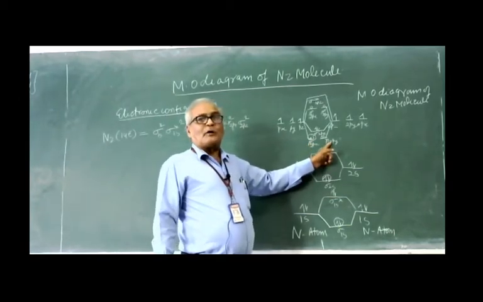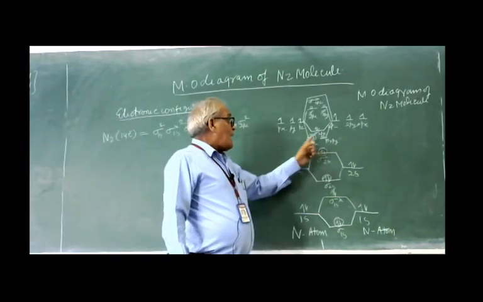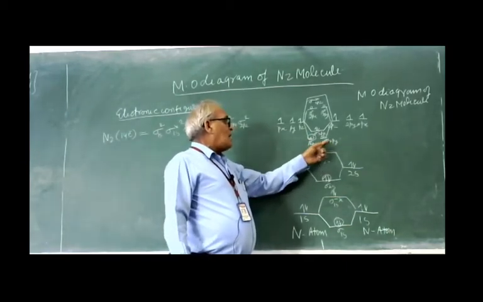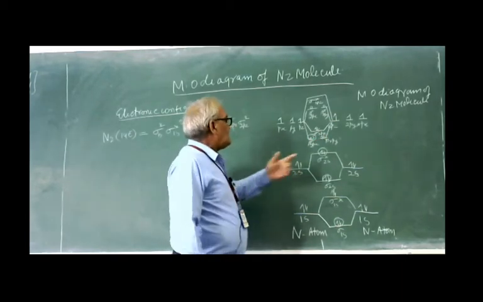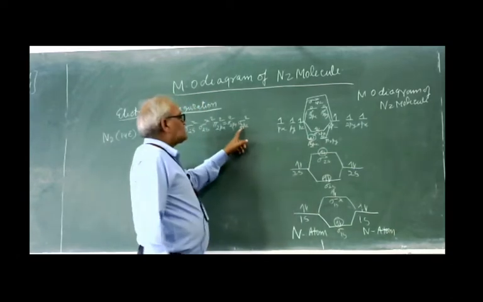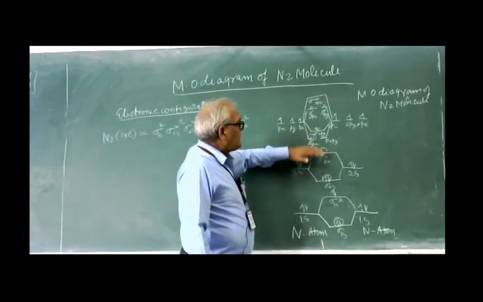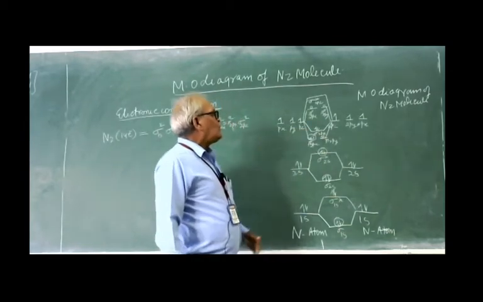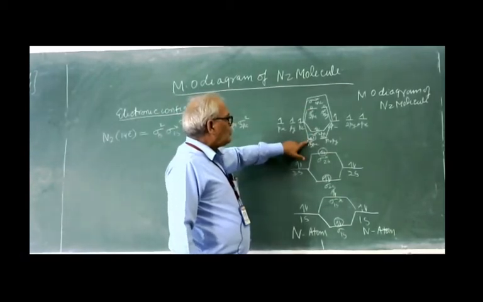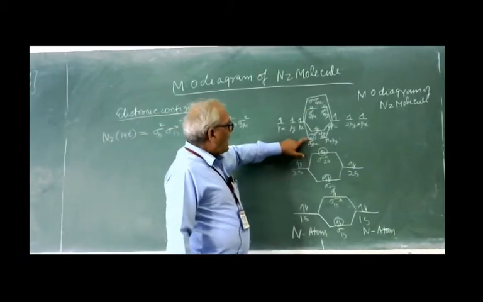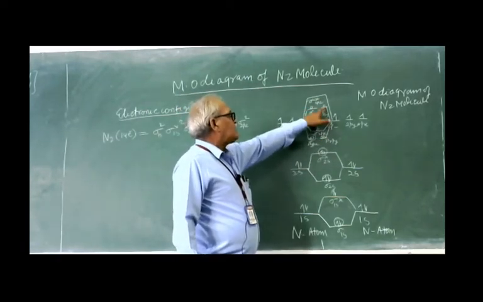These two are the pi bonding molecular orbitals, and each contains 2 electrons. Then sigma 2pz contains 2 electrons, and the anti-bonding orbitals of all these bonding molecular orbitals are also here. This is the bonding and this is the anti-bonding.